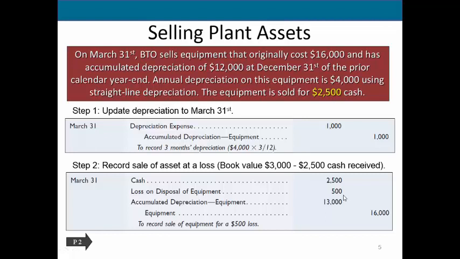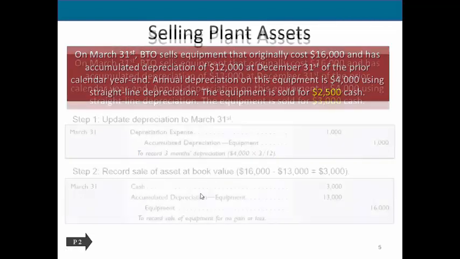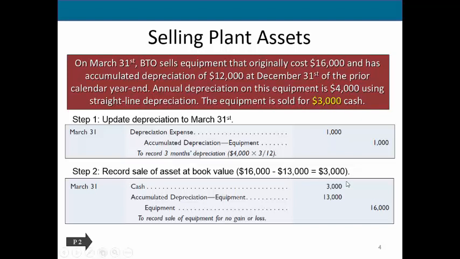If you'll remember, a debit works like an expense, so we've got a loss here, a loss on the disposal. And why is that? Let's talk about this. You can see in this previous example that the value left in this asset is $3,000 because that's the difference in the original cost and the current accumulated depreciation.